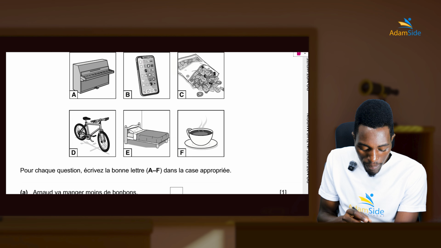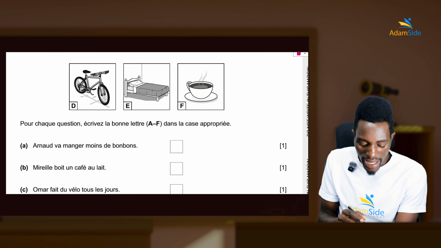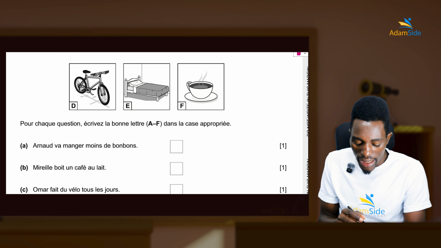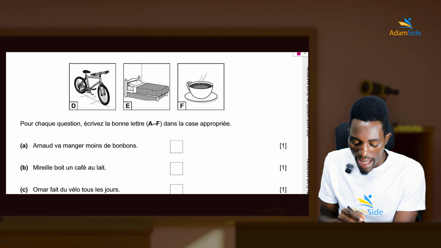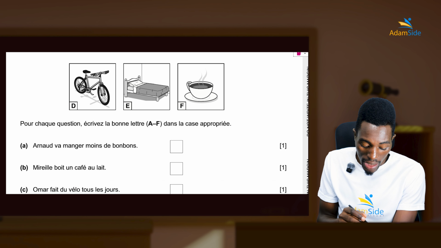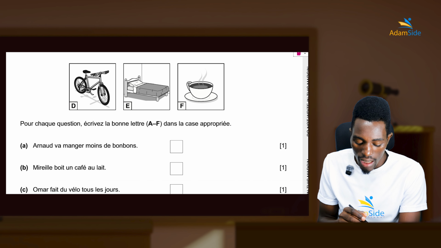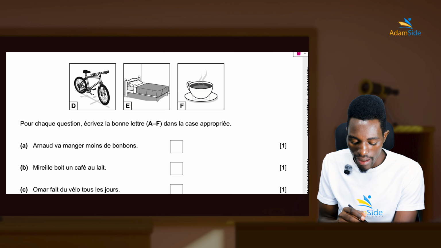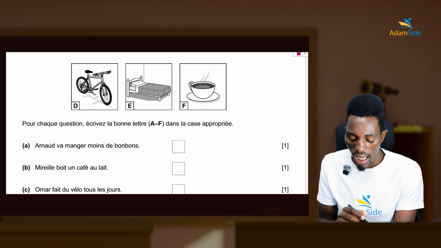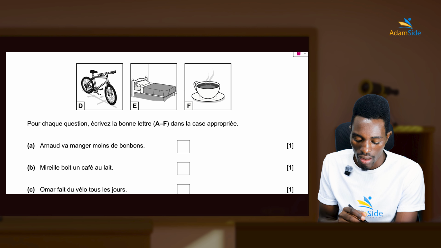They say, pour chaque question, écrivez la bonne lettre A à F dans la case appropriée.